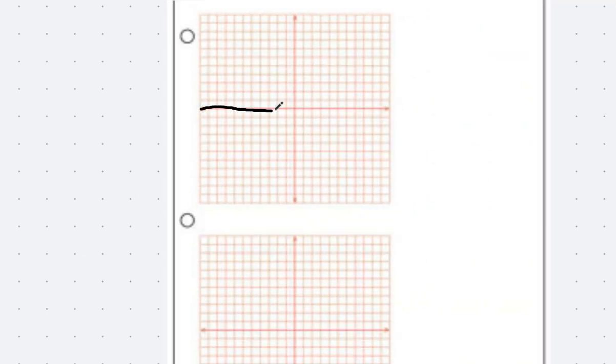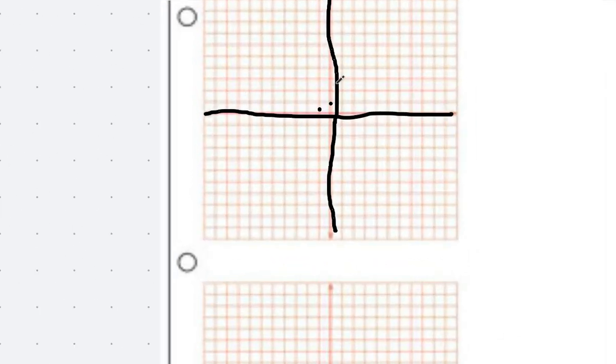Okay. So our asymptote for this is 0. -1 is at 1 by 3. That's about here. 0 is at 1. 1 is at around 2.7.